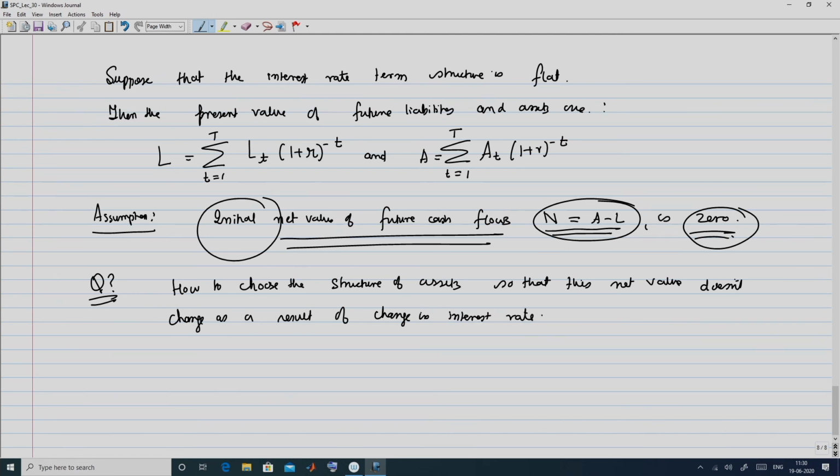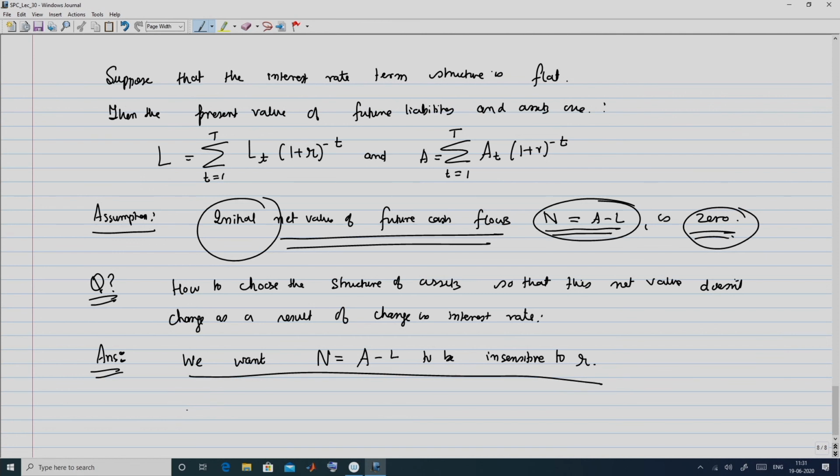So, that means that this is unaffected by interest rate. This is equivalent to saying that we want this net value N, given by A minus L, to be insensitive to r. So, hence this means that we want dN with respect to dr to be equal to 0.